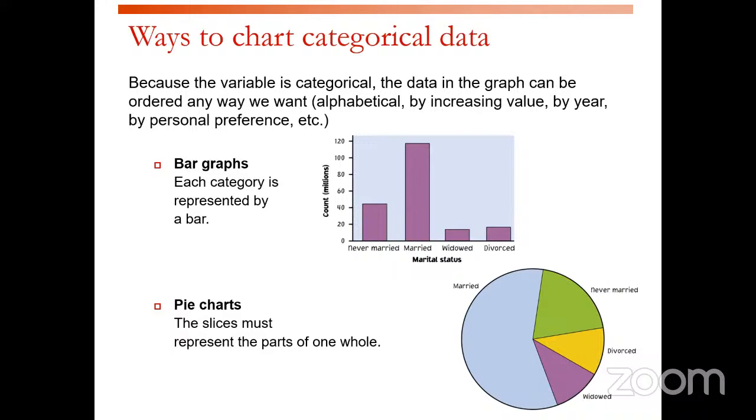In that case, it's quite difficult, in fact, to get an idea of which one has more counts than the other. Clear? Whereas when you see these same two, widowed and divorced, in the bar chart, you could easily identify that the divorced people are more than the widowed. Is that clear?